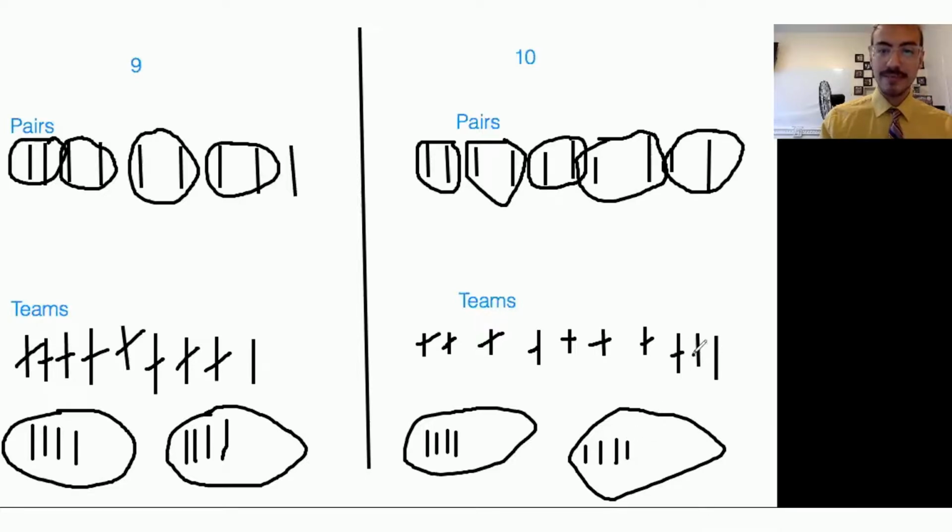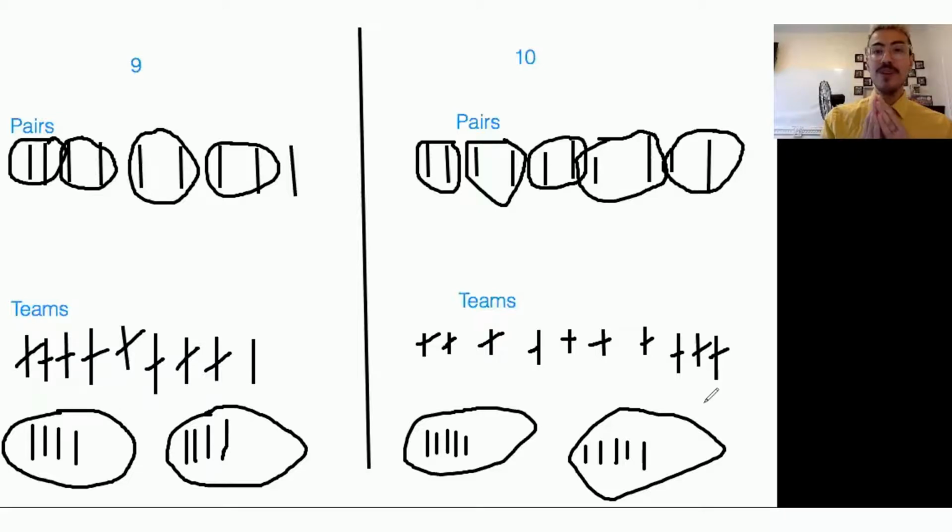So as you can see, what ends up happening here is you have 2 groups, and in each group I have 5. Do I have any leftovers? No, there's no one hanging out.